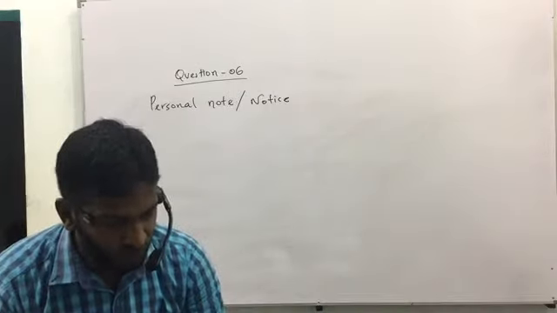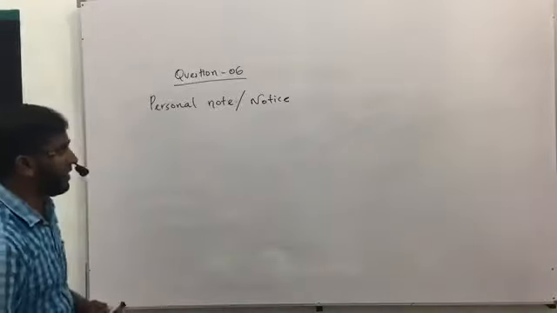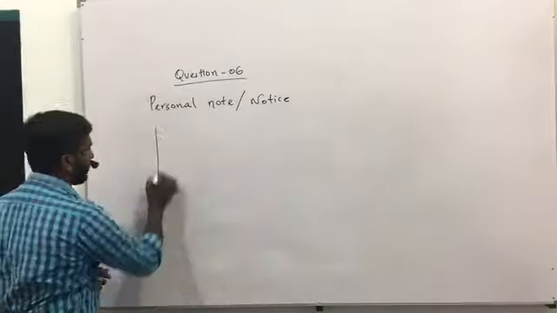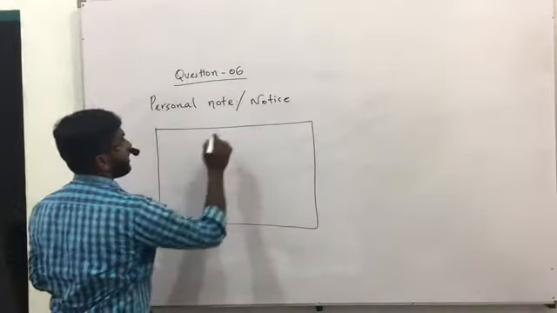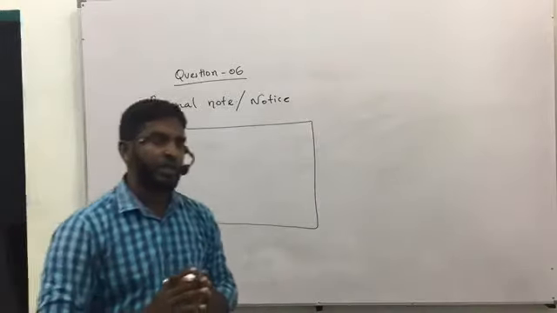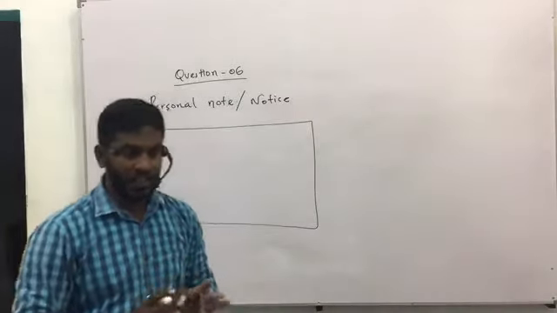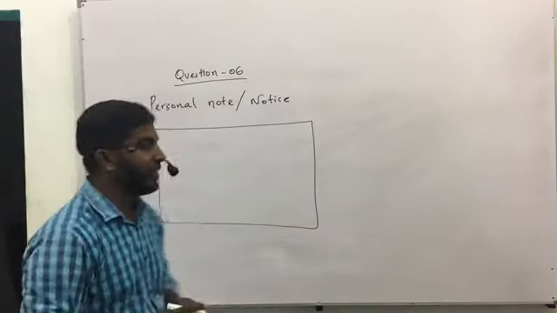Now it is simple and not lengthy, and there is a format for a personal note. Today we are going to see this personal note. There is a small format. Each and every thing has a format. So likewise a personal note also has a format.